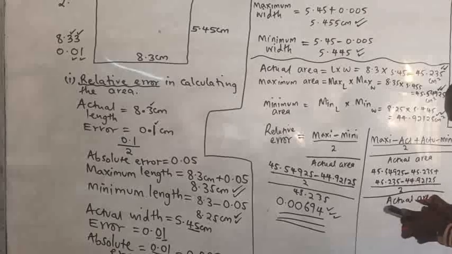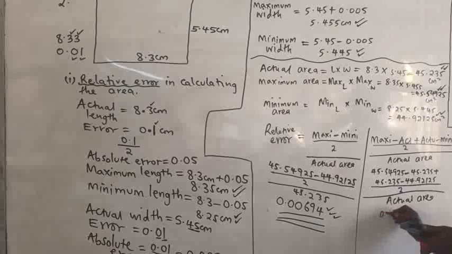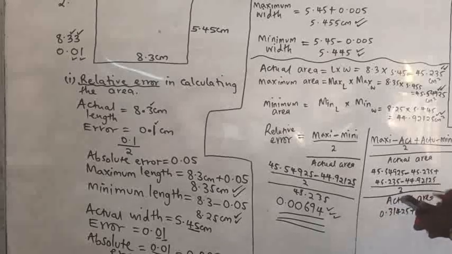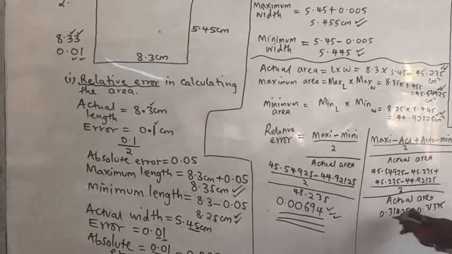So let's try and see. 45.54925 minus 45.235 gives us 0.31425. Plus 45.235 minus 44.92125 gives us 0.31375. This is divided by 2, and everything out of the actual area.